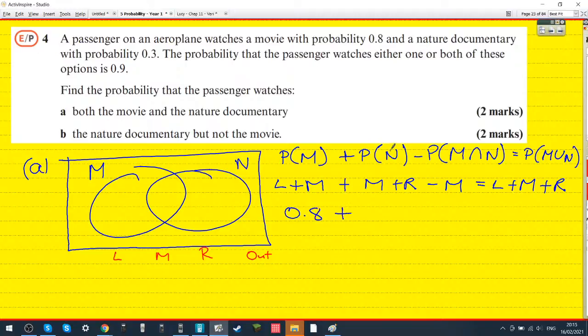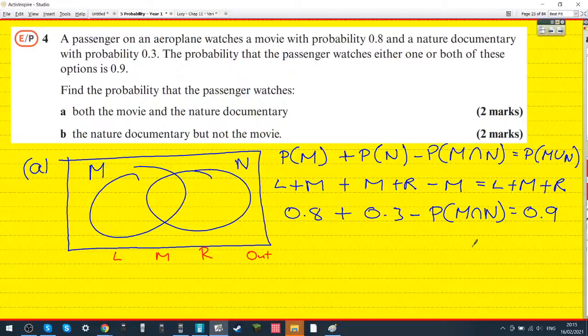Probability of N? 0.3. If we take away the probability of the middle, we get the probability of the union, either or. What is that? That is 0.9. And so, solve.